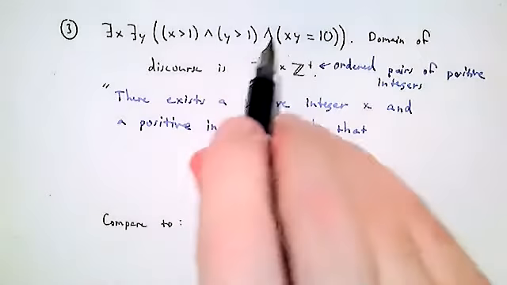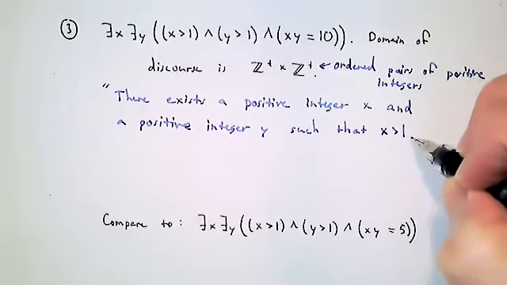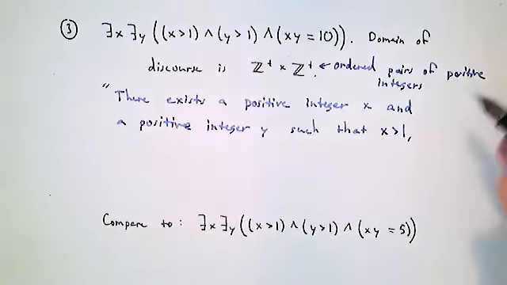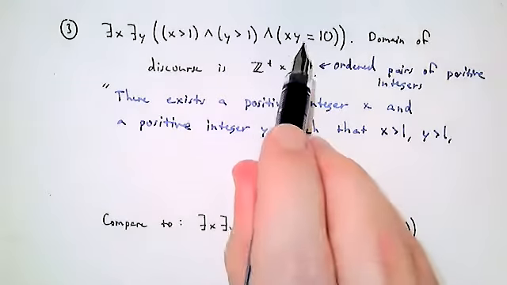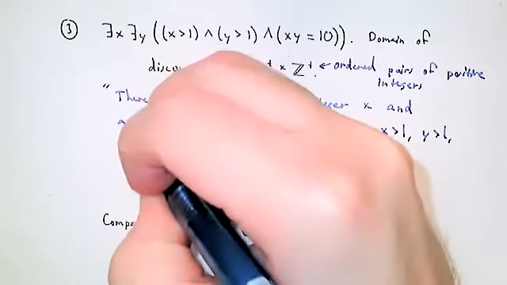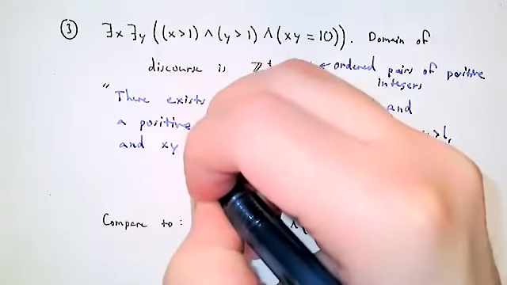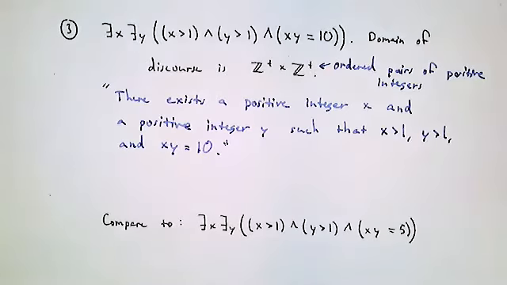So we can just write them out. x is greater than 1. y is greater than 1. And x times y equals 10. Any questions about the translation here?